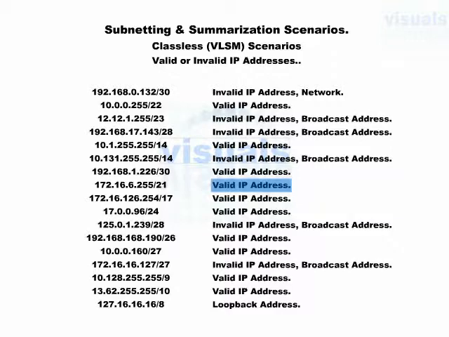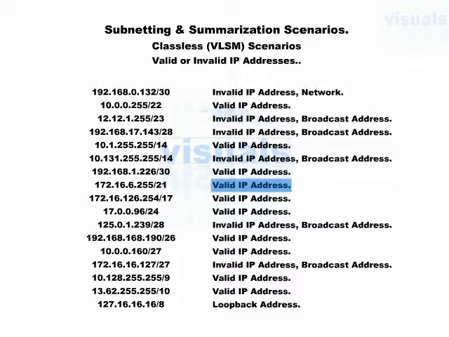Now apply the difference of 8 on the third octet. Just remember the octet position, it is very important. Now the third octet from 0, yes, now it is a valid IP address.